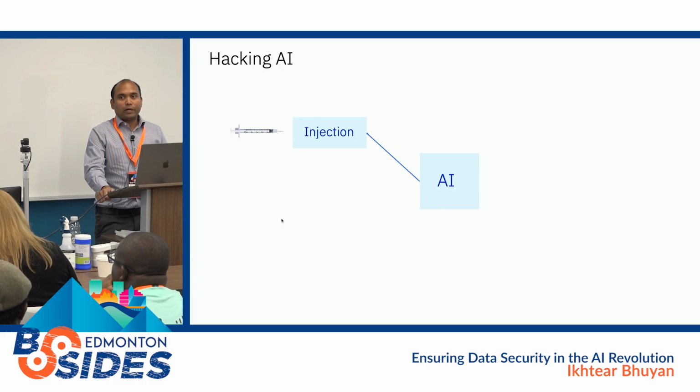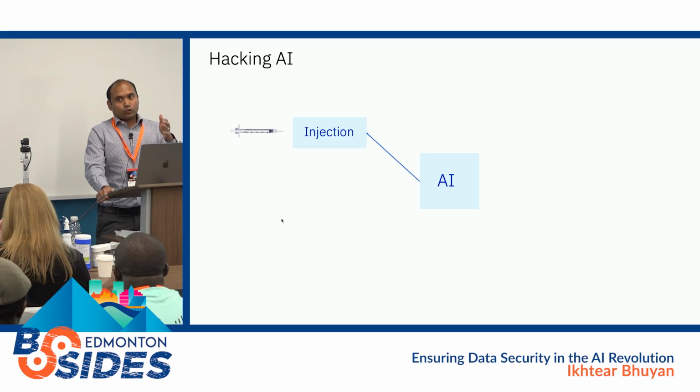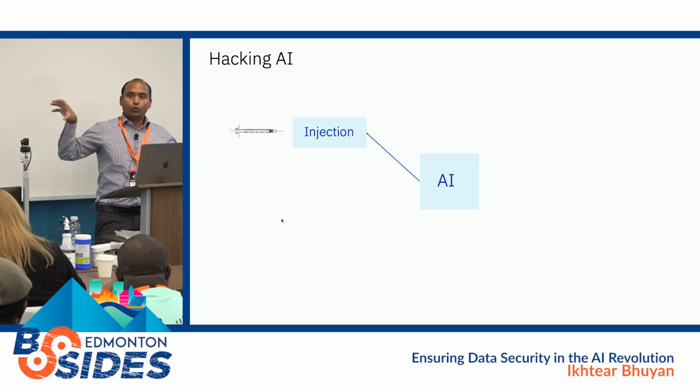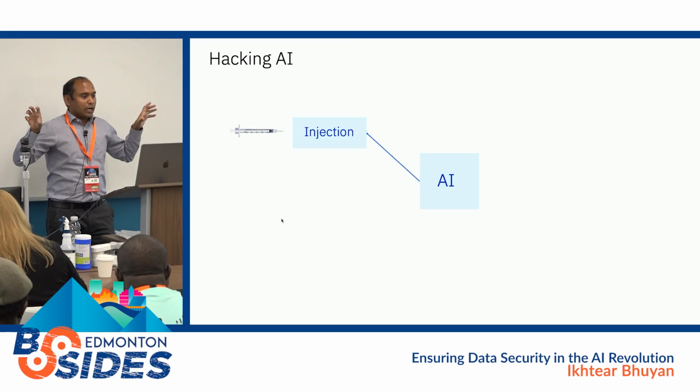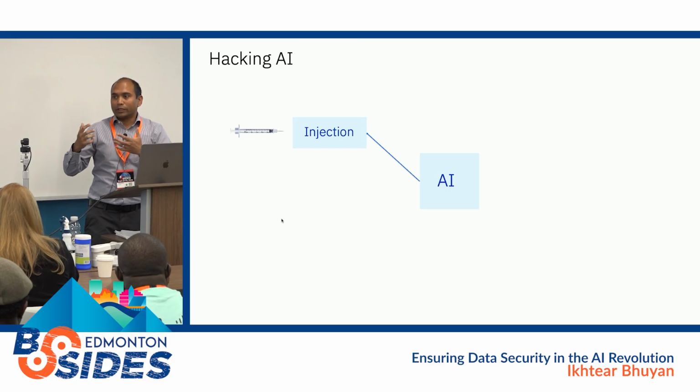You have heard about SQL injection. Prompt injection is kind of like SQL injection, but using some social engineering. So social engineering and prompt injection are two different kinds of things, so it's kind of counterintuitive. Prompt injection starts when someone is interacting with your AI model.